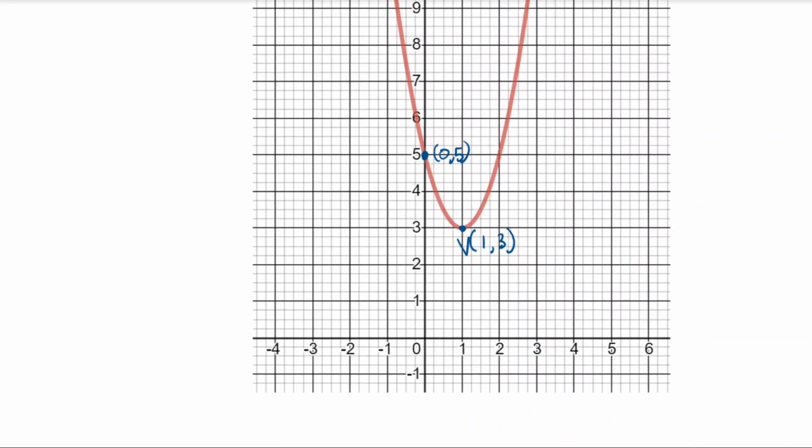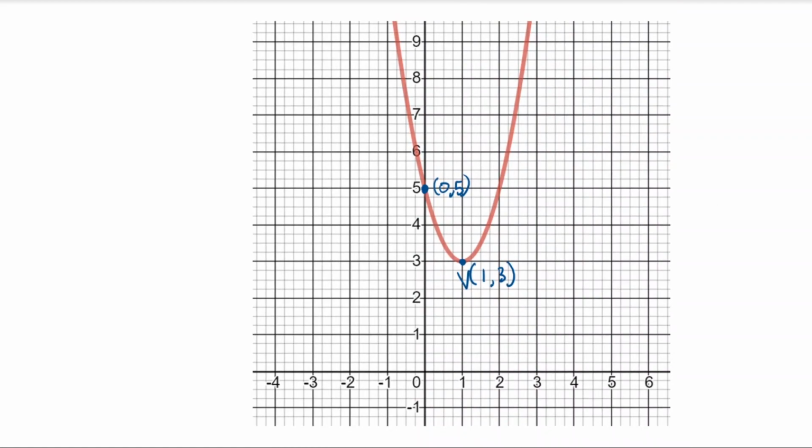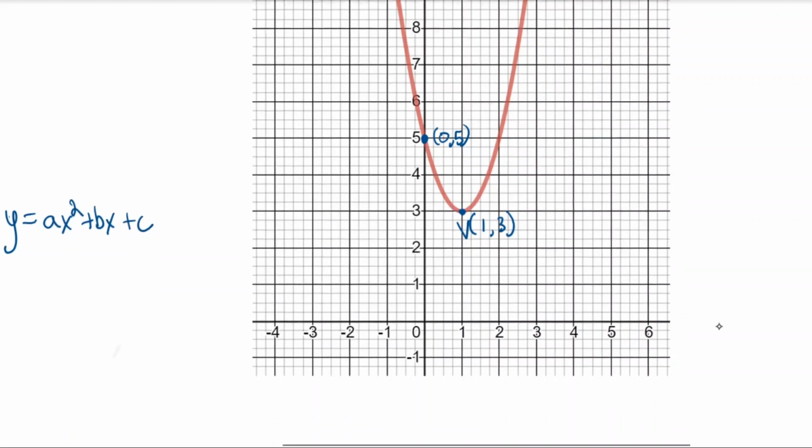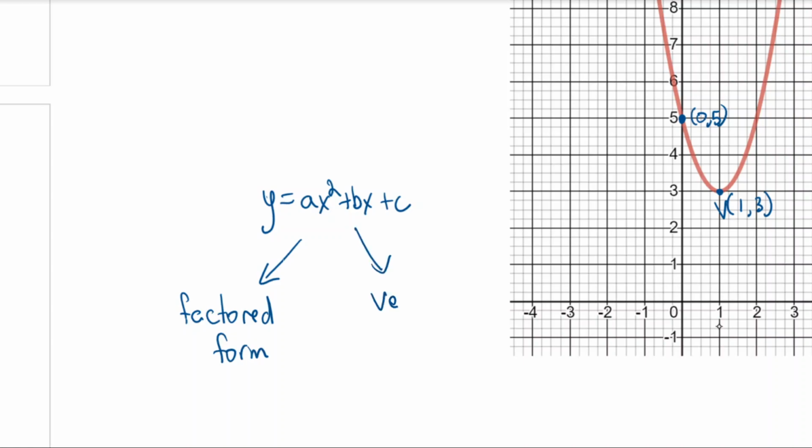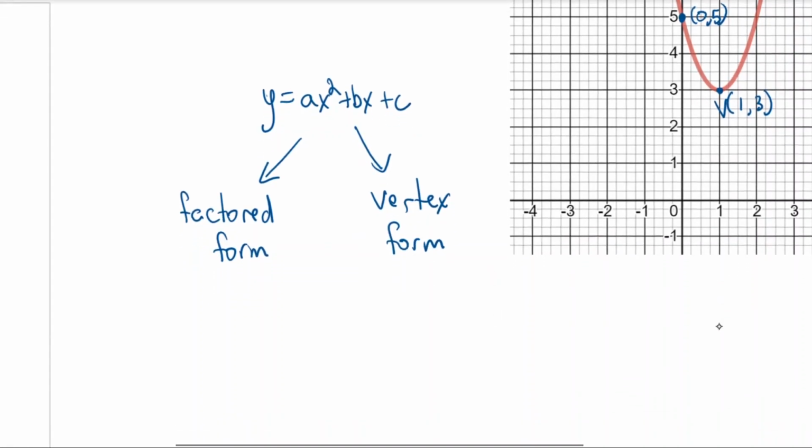So these are the strategies that could be used, given something in standard form, y equals ax squared plus bx plus c, we can choose to put this into a factored form or vertex form to help us graph it more easily.